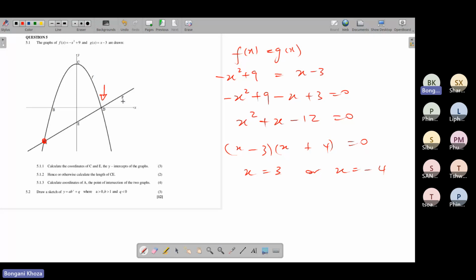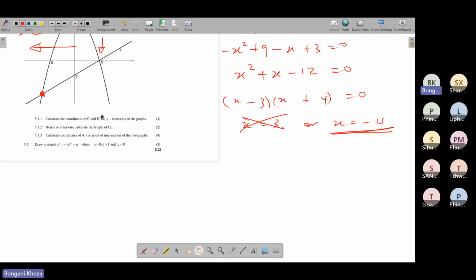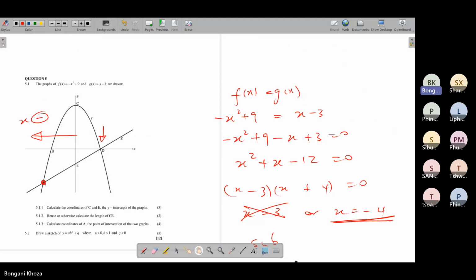If we check, A is on the negative x values. So it cannot be this one, but it has to be minus 4. So we're going to be using minus 4. We only have the x value, and we are looking for the full coordinate. We just need to substitute this back into g or f.